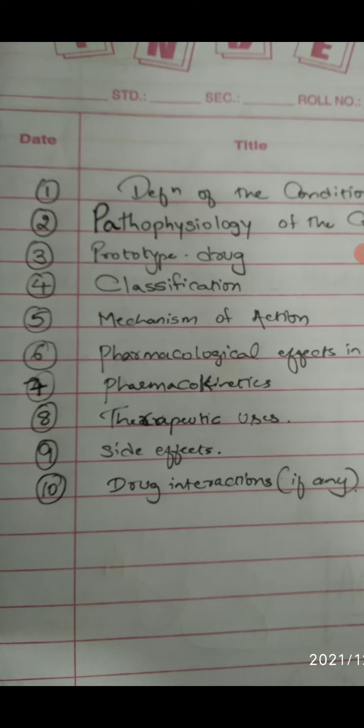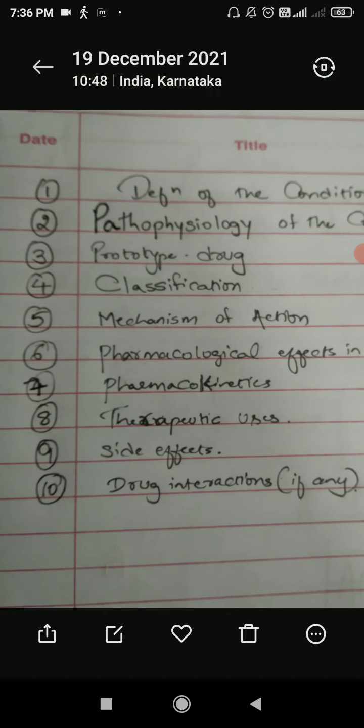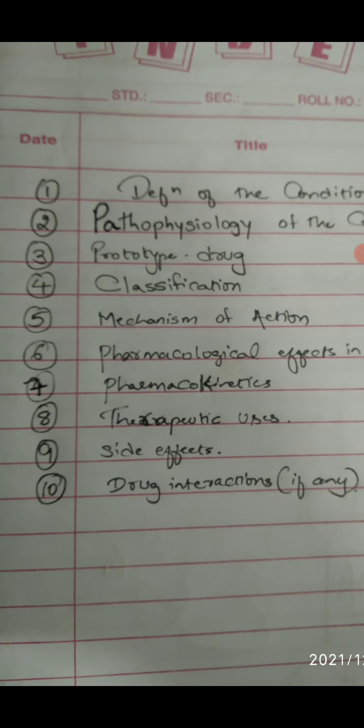So with an example, if I want to tell what is epilepsy, for example, the definition of epilepsy, you should be able to tell it is a dysrhythmic activity of the cerebrum. So that is epilepsy. It's also called seizures or fits or convulsions.